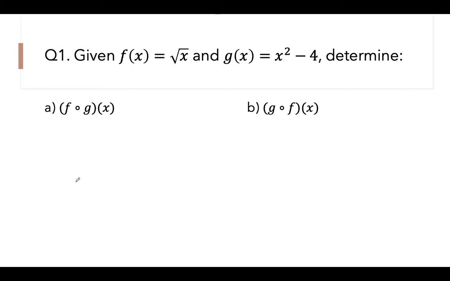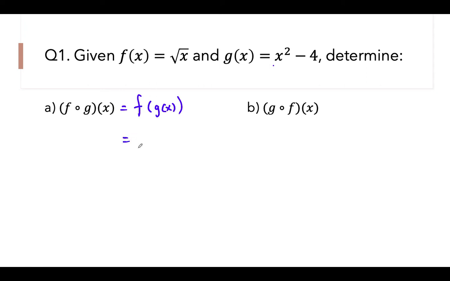So example 1. Given f of x, which is a square root, and g of x, which is a parabola, determine the composite function f of g of x. So I'm going to rewrite this as the outer function is f. My inner function is going to be g of x. That means let's put g of x into function f.